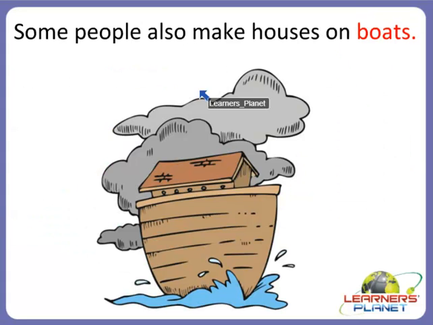Children, there are some people who also make houses on boats. So these houses are called houseboats. So children, you can see the picture of the house which is built on a boat.